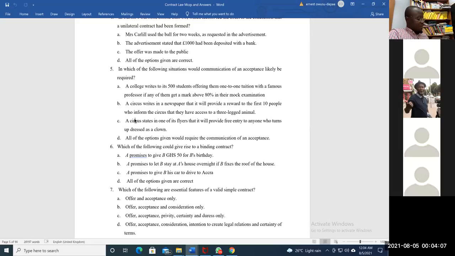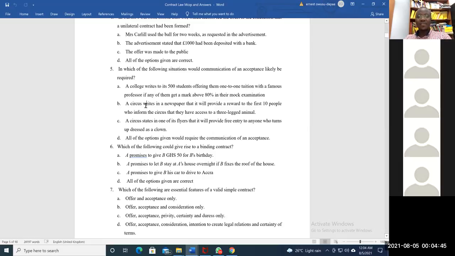Typical of the type is the manufacturer's offer to pay compensation to users of their products if the product does not live up to expectation. Often such offers are part of a general publicity campaign popularizing the products, again citing Carlill and Carbolic's case. So I think it is right to say that all those factors in one way or the other exercised the mind of the court in agreeing that what had been advertised was something leading to a unilateral contract.